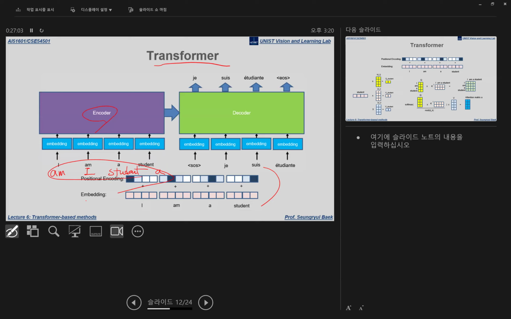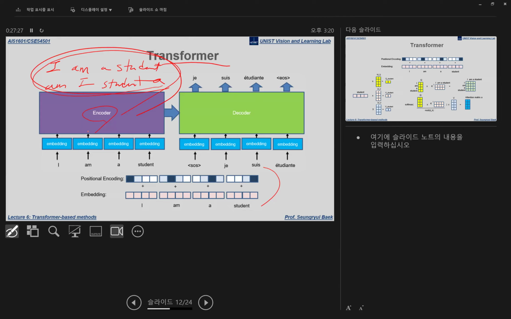Okay. But this is not an ideal case for processing sentence data. For example, I am a student and am a student I are two different sentences for humans. So we have to process them differently, but the simple transformer cannot deal with this differently. That's why we add these positional encoding schemes. What they do is very simple.